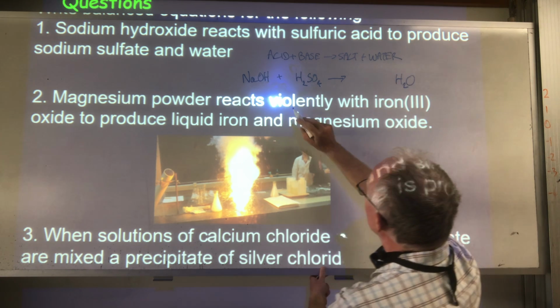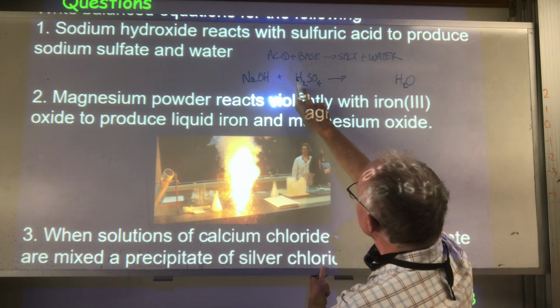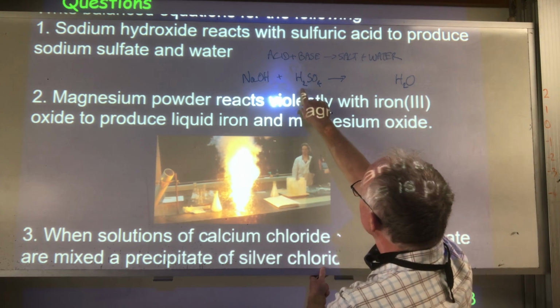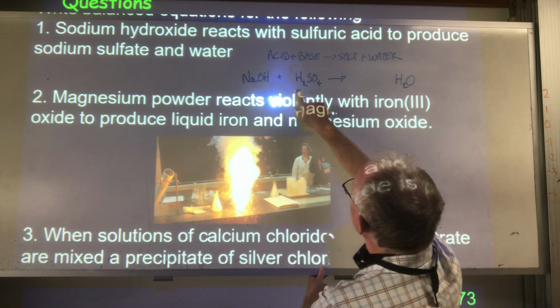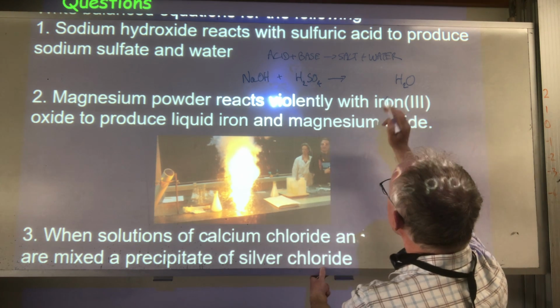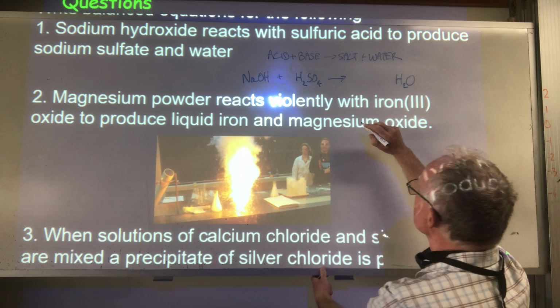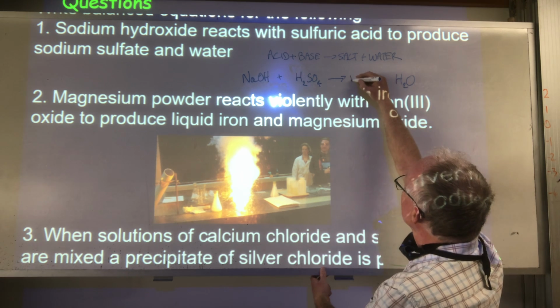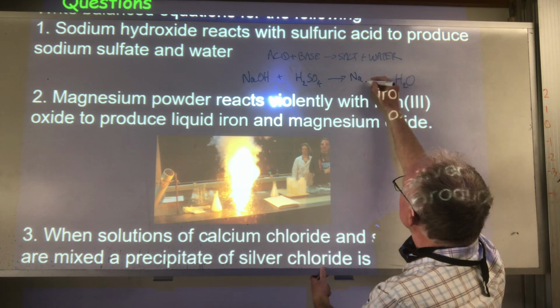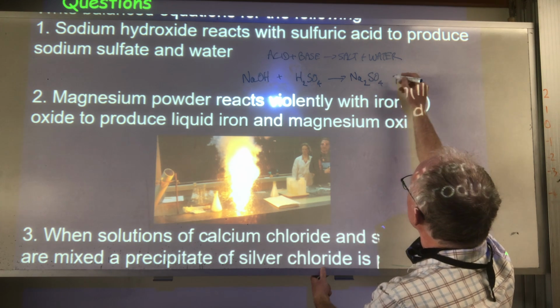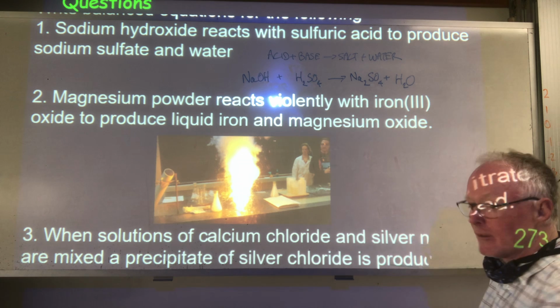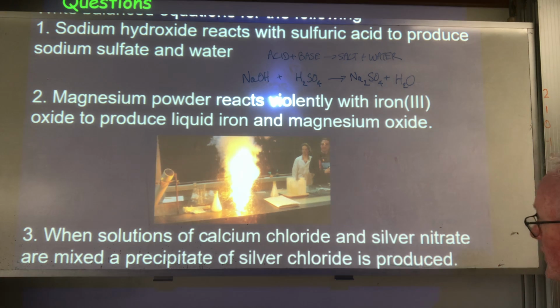So that takes up the OHs and the H's. What's the salt? What's left over once we combine the H's and the OHs? Well, we've got sodium and we've got sulfate. So therefore our salt is sodium sulfate. So sodium is 1 plus, sulfate is 2 minus, so that means we'll need 2 sodiums to get the correct formula. So that's a skeleton equation.